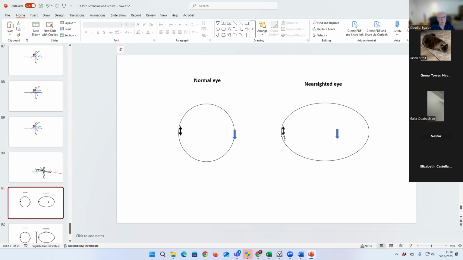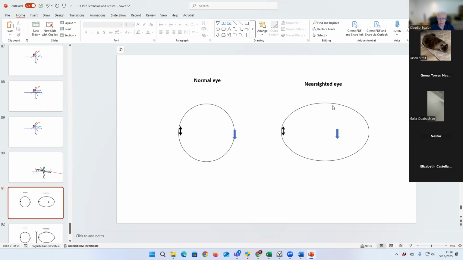Depending on the shape of the eye, it comes to a point that the lens can no longer focus the light at the retina, even though it can vary its focal length, okay? So if you are very nearsighted like I am, the image is not going to form in the retina right here, but it's going to form before the retina.